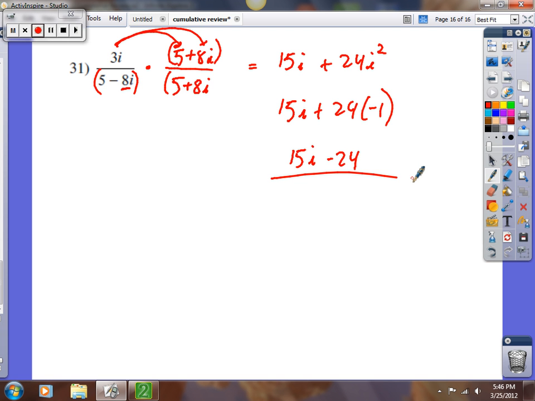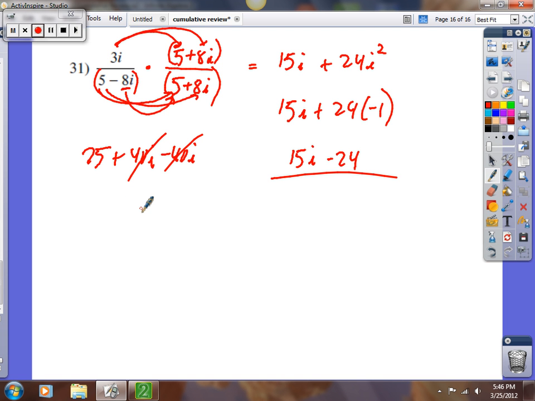Now let's figure out our denominator. Do the distributive property. 5 times 5 is 25. 5 times 8i is 40i. And then a negative 8i times 5 is minus 40i, and that's why we do it, because that cancels.